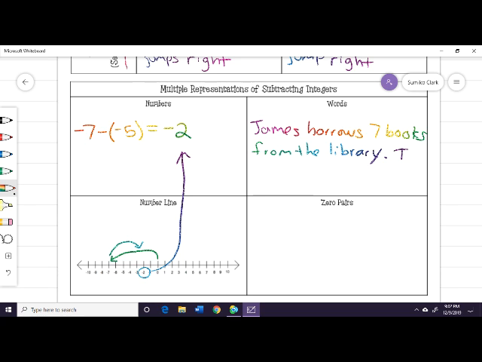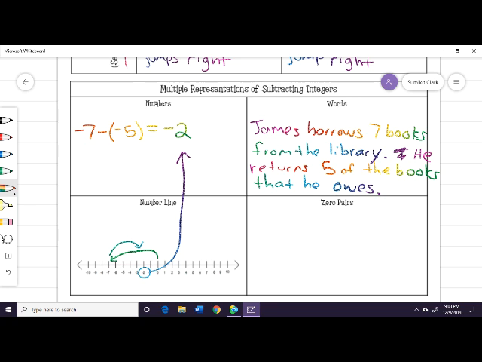But then he returns 5 of the books that he owes. Okay, so he owes 7. He already owes 5, but he returns them back. So the library ends up with just a net change of -2.